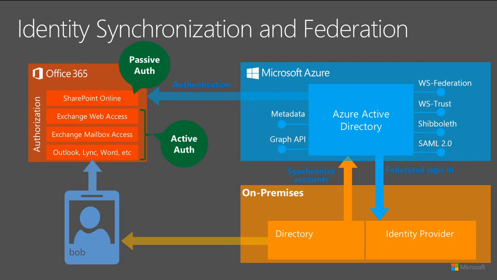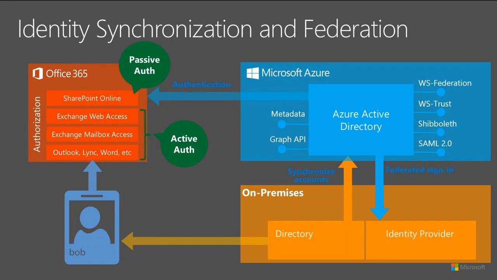So as Bob signs in for something like SharePoint Online or Exchange Online, we're actually doing the authentication through Microsoft Azure Active Directory. That's what we use out in the cloud. We use it for Office 365. We use it for a lot of other third-party applications. We also use it for lots of things for Microsoft Azure as well. Your own custom-built applications can leverage Azure Active Directory.